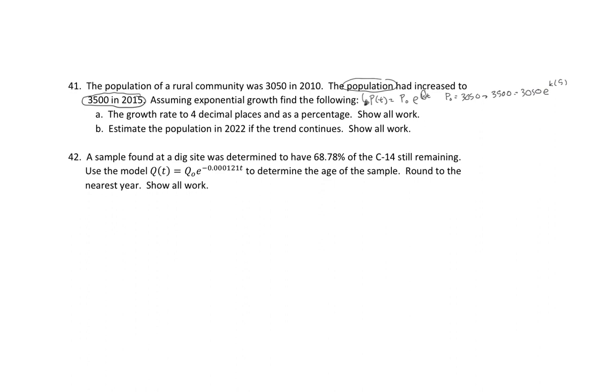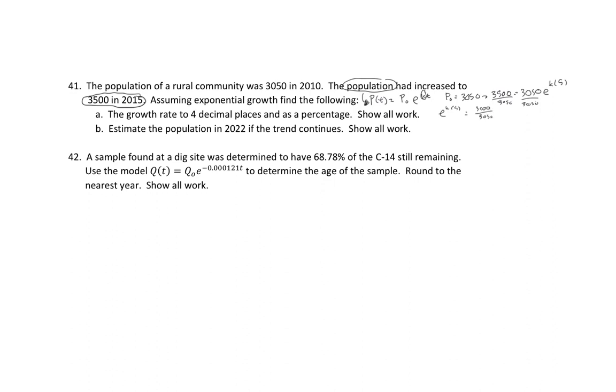To find k, first we divide by 3050 on both sides, and we get e to the k times 5 is equal to 3,500 over 3050.